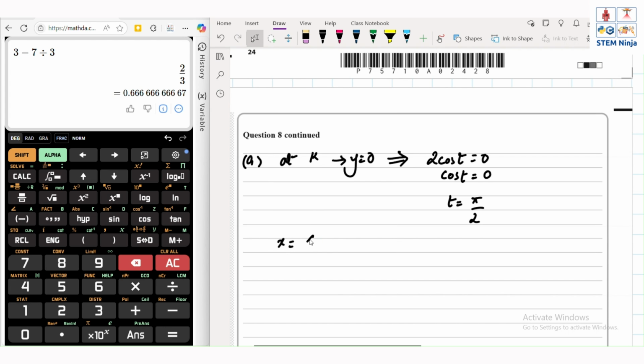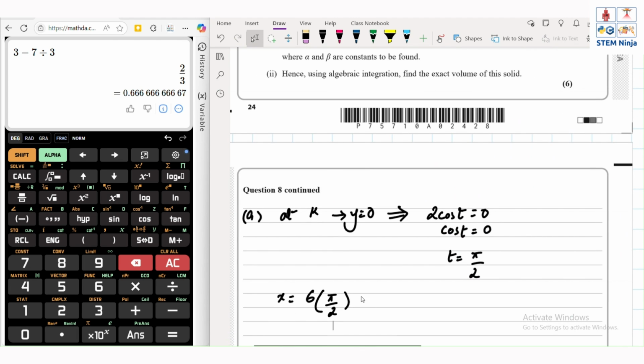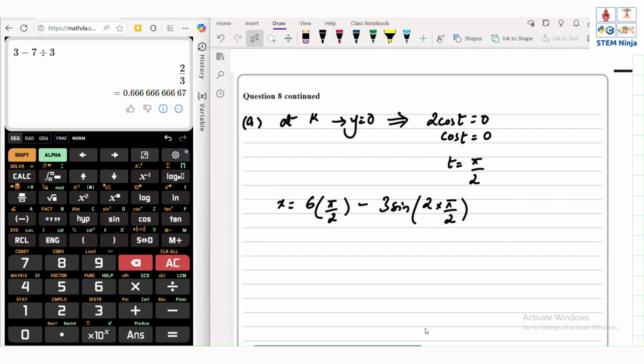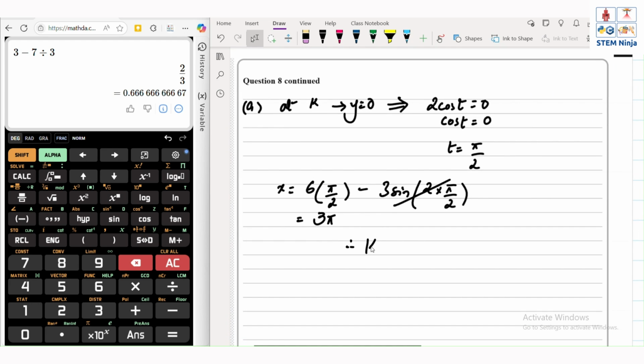Therefore, x value would be 6 times pi by 2 minus 3 sine 2t, 2 times pi by 2. So sine of pi would be 0. So we will just have 6 pi divided by 2, 3 pi. So that's the final answer. Therefore, k is equal to 3 pi.